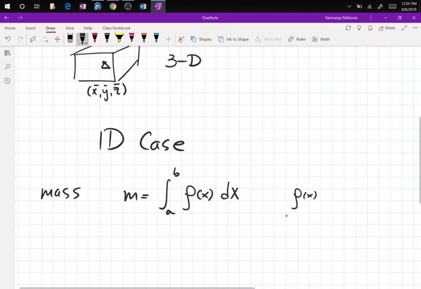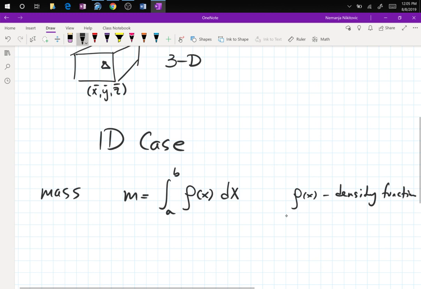So rho of x is the density function. It could be uniform density. Let's say the entire rod is made out of the same metal, pure metal. A rod of gold, right? Just gold.